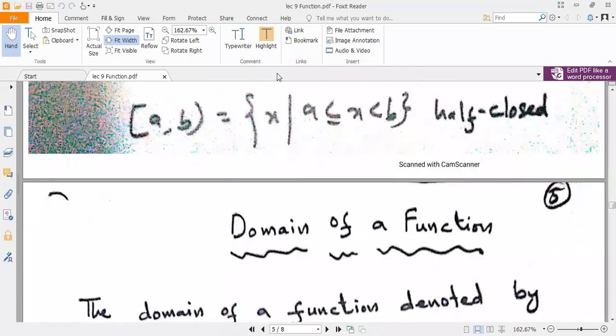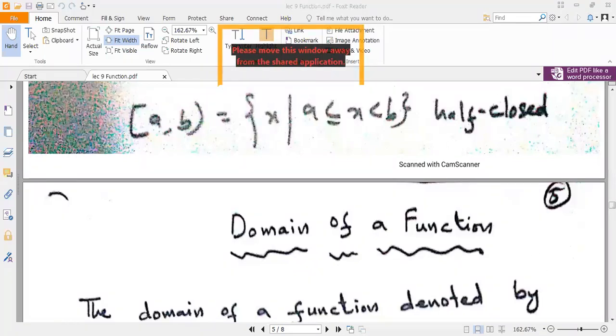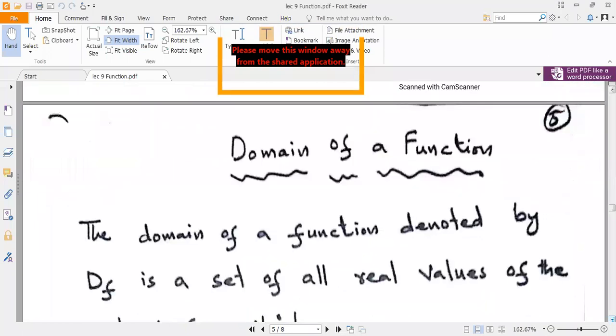Now a very important concept: the domain of the function. How do we decide the domain of a function? Suppose we have any function y equal to f of x, then what is x?